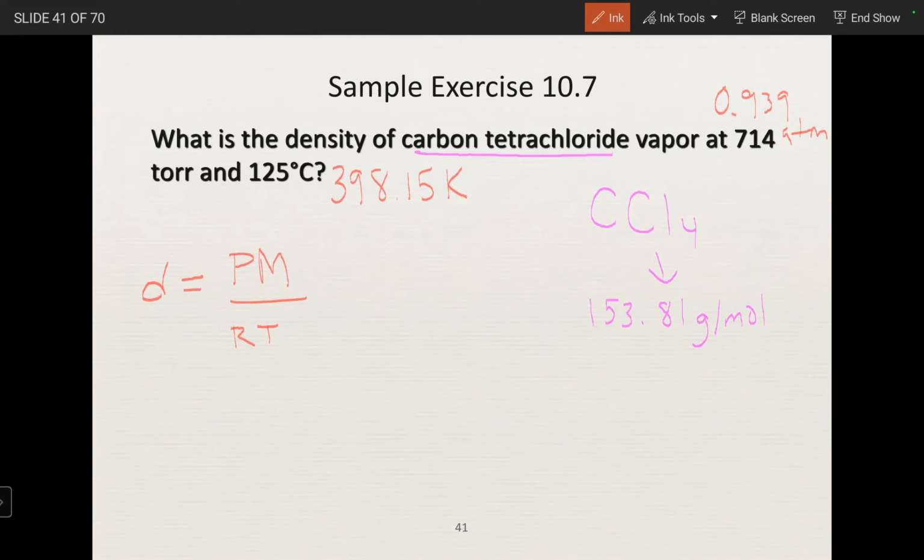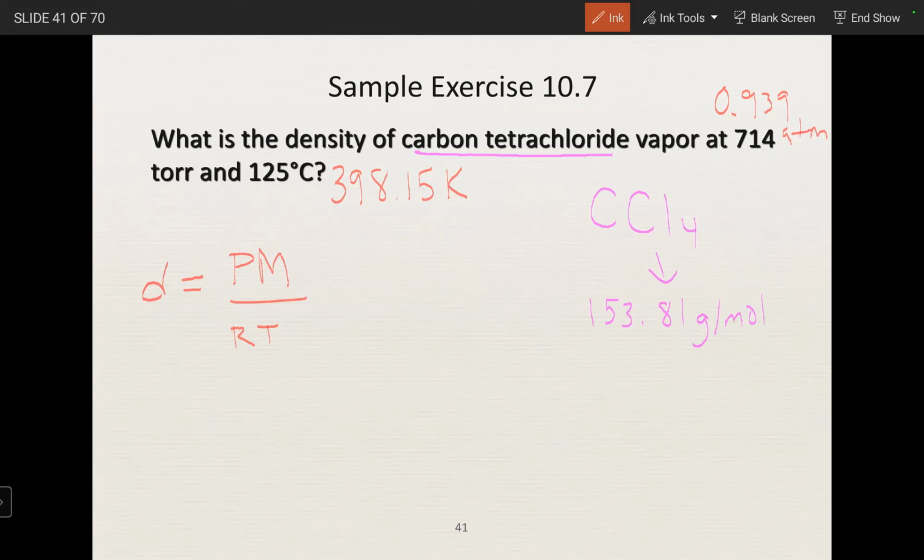So in this case, since we've got grams, our density is going to wind up being in grams per liter, because again, that R constant has liters as the volume unit. But if we converted this molar mass to 0.15381 kilograms per mole, then we would have kilograms per liter in our density value. But now we've got all of those pieces, we can just plug them in.